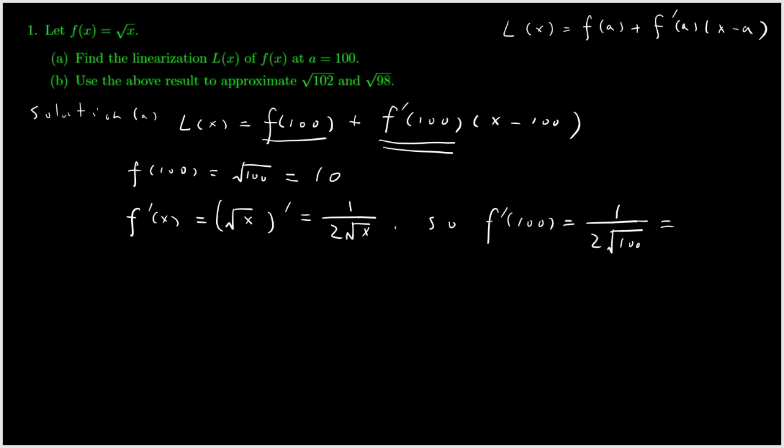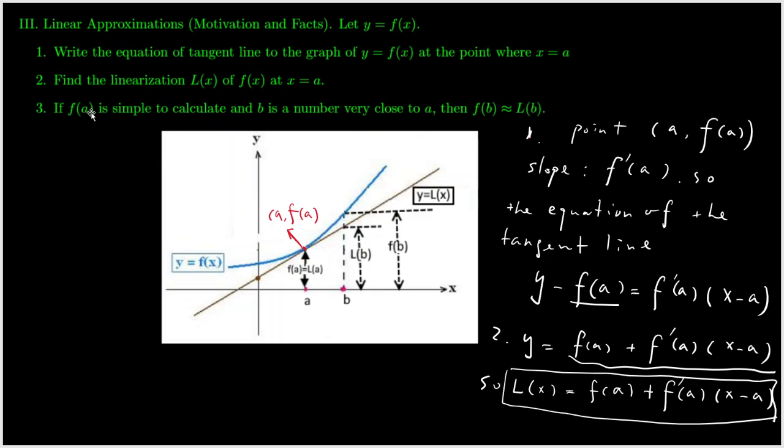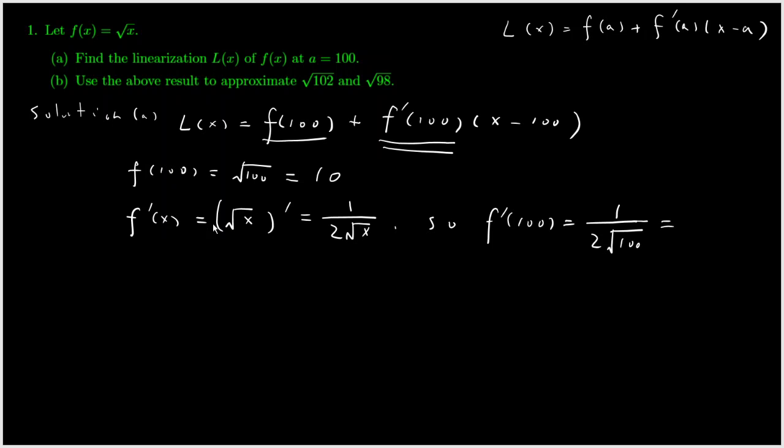So this is what I meant by the value of the function at a being simple to compute. Going back to item number 3: the value of the function at 100 is simple to compute, and the derivative of the function at 100 is simple to compute. This one is 1 over 20, right?